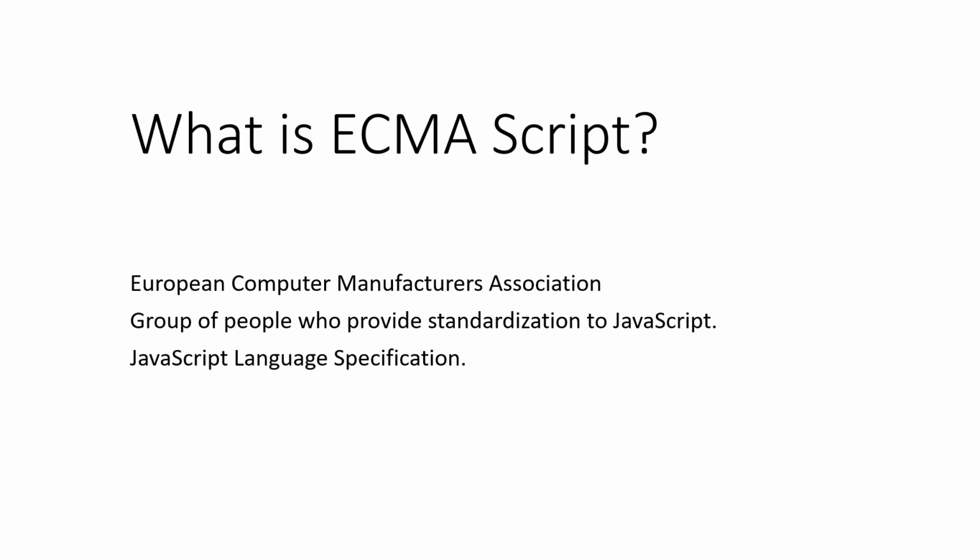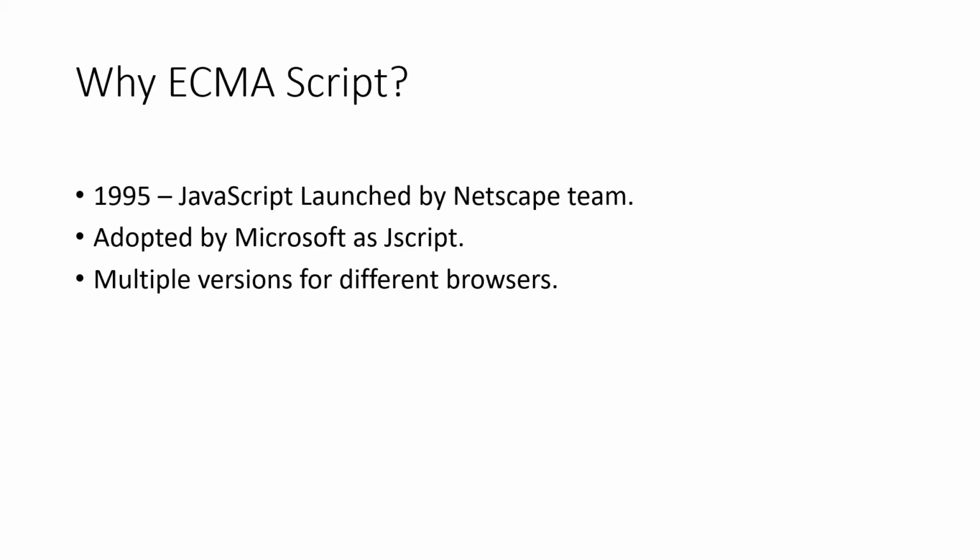So why do we need this standardization process in JavaScript? For that we need to go down into the history, and we can see that JavaScript was launched by the Netscape team in 1995, and soon it was adopted by Microsoft as JScript.